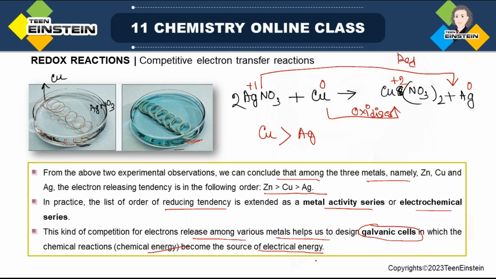If you want to construct a galvanic cell with the reverse reaction, that is, dipping copper in zinc sulfate, then obviously it will not serve our purpose. We have to choose a reaction which is spontaneous. For example, with these two experiments, you can choose any one. Then only can we construct a galvanic cell.